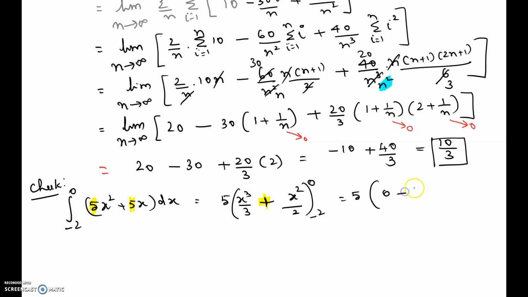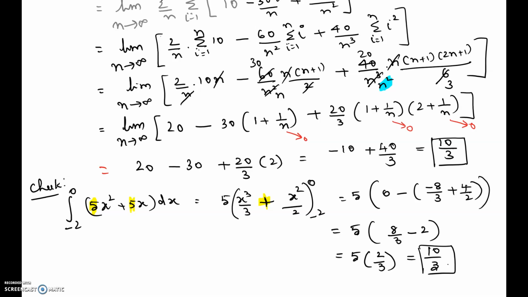At the lower limit, it is negative 2 cubed, which is negative 8 over 3, plus negative 2 squared, which is 4 over 2, which is 2. So this is going to be 5 times 8 over 3 minus 2. When you simplify, it becomes 5 times 2 over 3, which is 10 over 3, which is exactly the same answer that we got by the Riemann sum method.